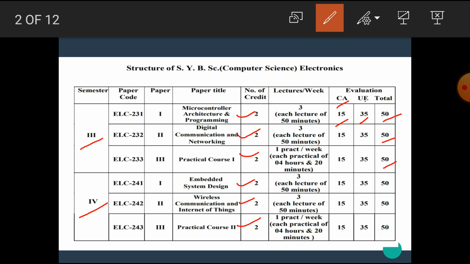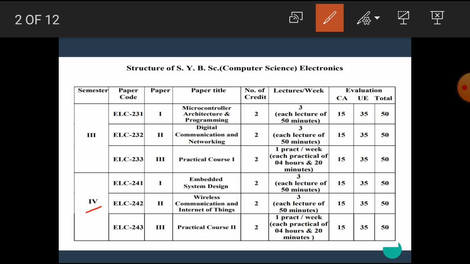semester. In semester third, the paper first is microcontroller architecture and programming, which is theory paper and for 2 credits. The paper second is digital communication and networking, which is also a theory paper for 2 credits, and paper third is a practical course which is for 2 credits.